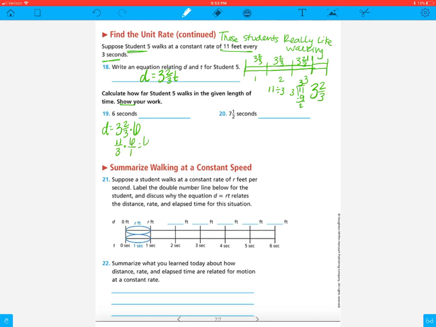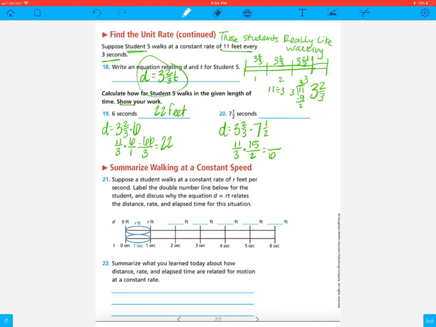For number 19, I get an answer of 66 over 3, which is 22 feet. I'm just plugging this 6 in for t, and I multiply 6 and 3 2/3. I'm going to do the same thing for number 20, but instead of 6, I'm going to multiply 3 2/3 by 7.5. So that's 11 over 3 multiplied by 15 over 2.